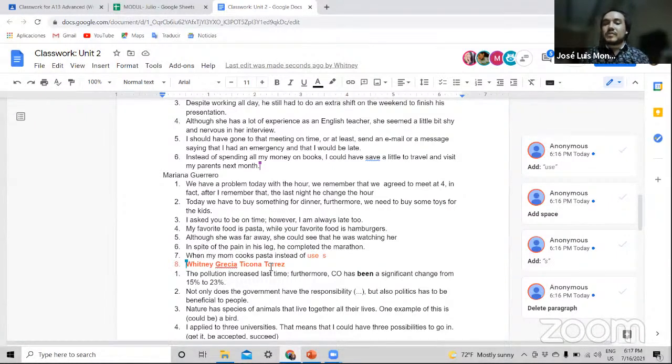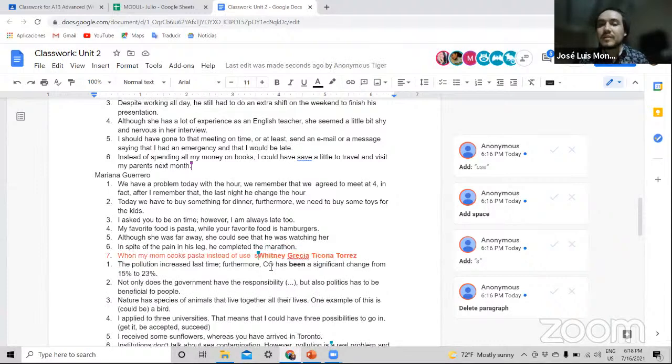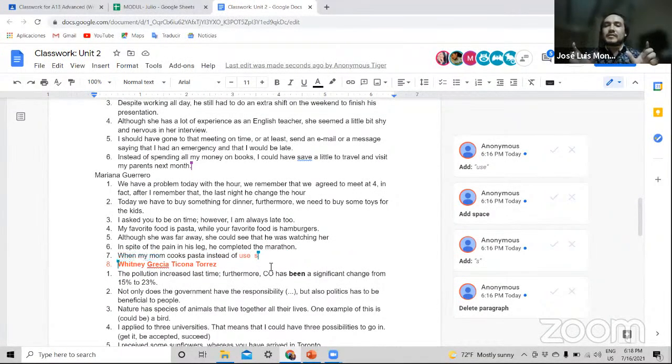You should tell me, for example, this is one possible solution, Mariana. You can say, my mom, all right, uses, I don't know, these ingredients to cook now, right? Instead of using the ingredients that she did before, all right? Something like that. So I need two complete ideas.